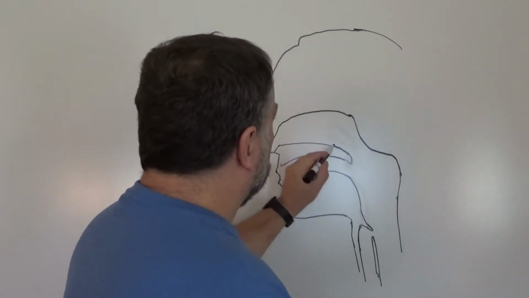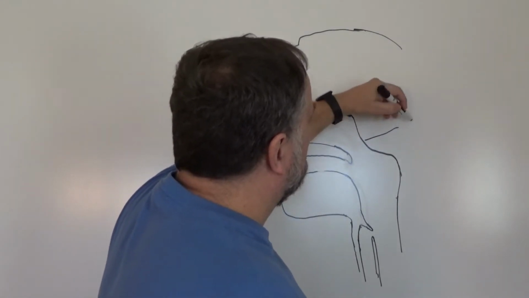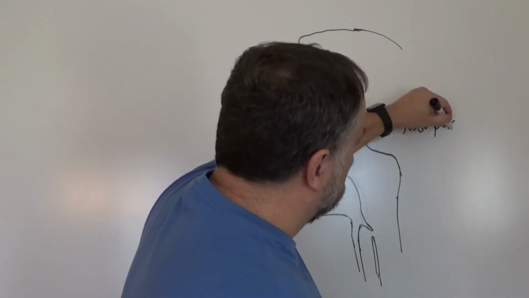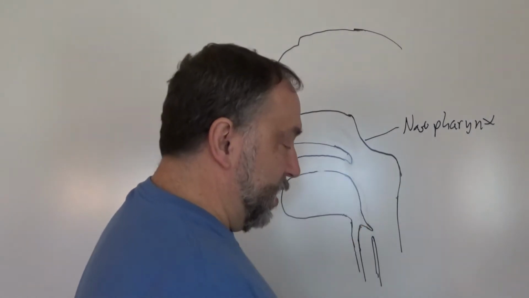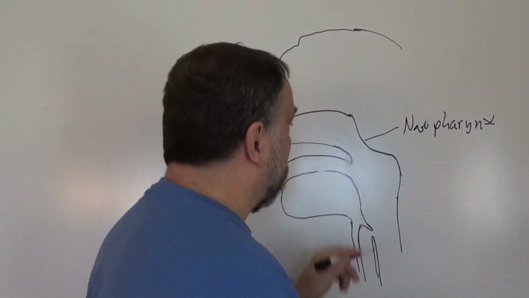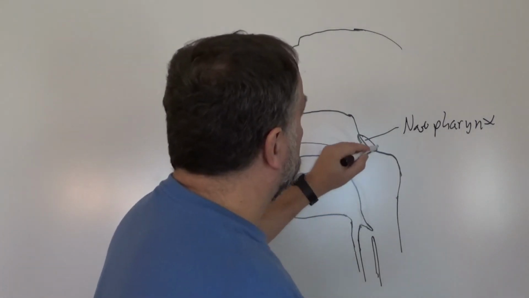So as you look down here, this is what we call the nasopharynx. Right? So in the nasopharynx, you have the adenoids, which are right here.